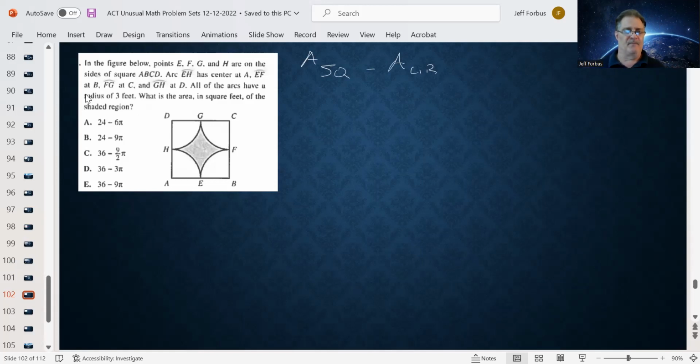A, B, C, D. Arc EH has a center at A. Arc EF at B, arc FG at C, and arc GH at D. All of the arcs have a radius of 3 feet. So we know the radius is equal to 3 feet.